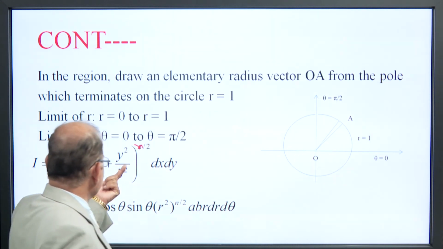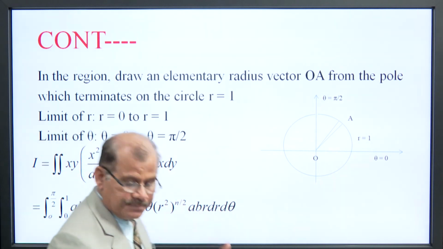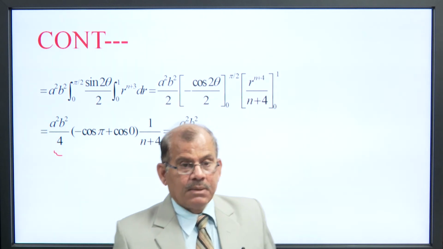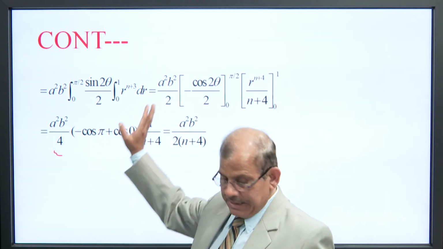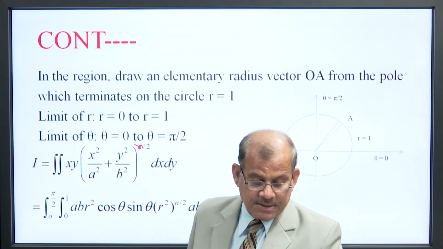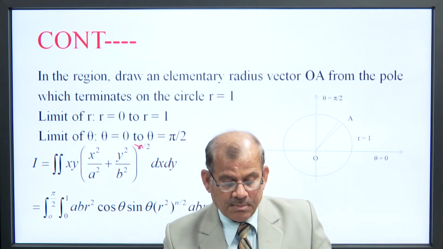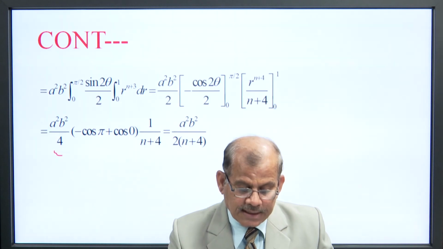It is r square into n by 2, which means r raised to the power n. Since both have independent limits, we integrate separately with respect to r and with respect to theta.